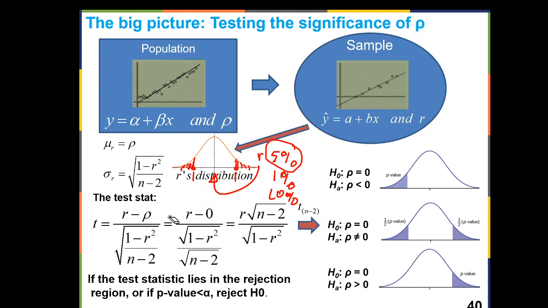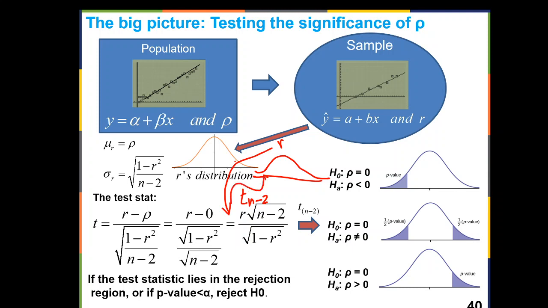Either you convert R to T and use the T distribution, or you use R, right? Now, this is the rejection region way to do it. What about the p-value? Well, for the p-value, you're going to have a T distribution with n minus 2 degrees of freedom. So you take your R, you convert it to T, and you take your T and see where it falls.